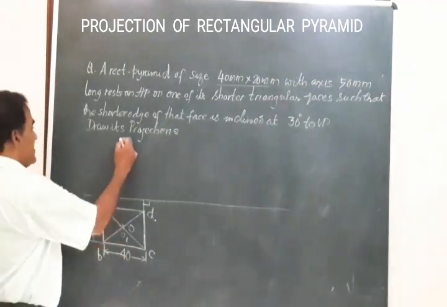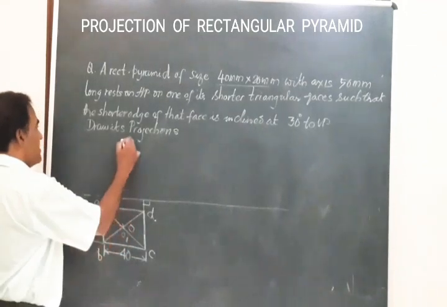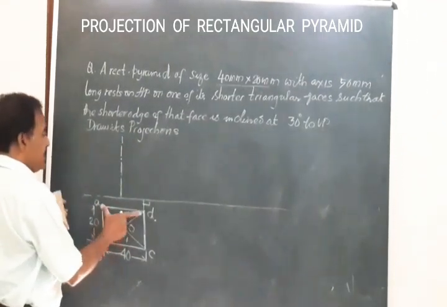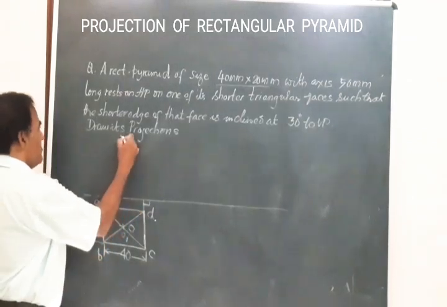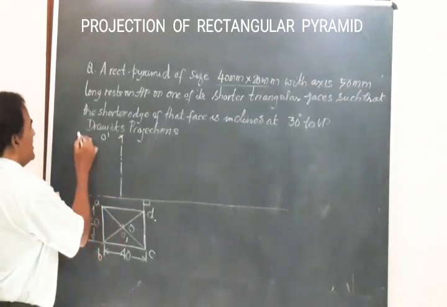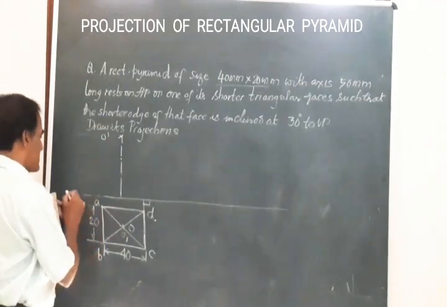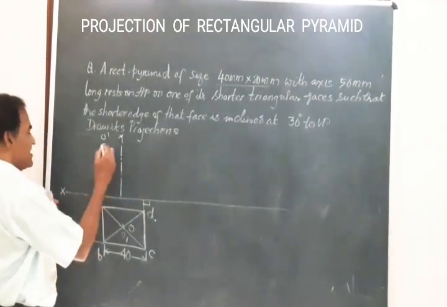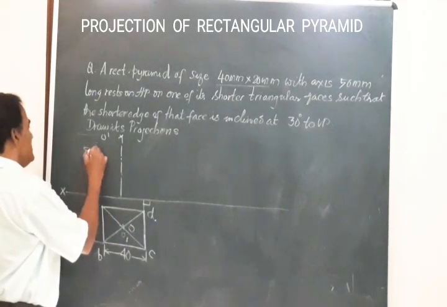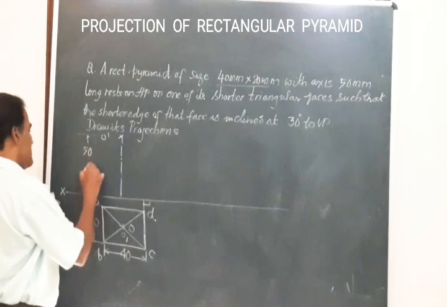Now let me write the front view. So from the center of the solid, you write the axis. So it will be exactly the center of AD. So mark this O dash, the vertex of the solid, and the height of that vertex from the XY line is 50 mm. This is 50 millimeter.